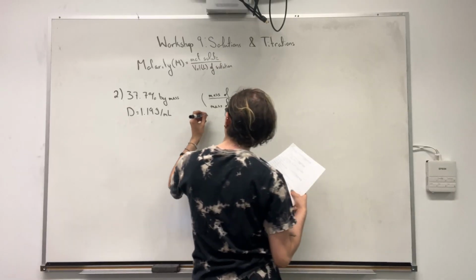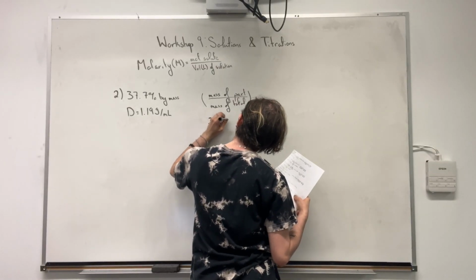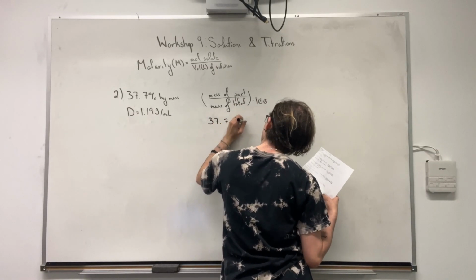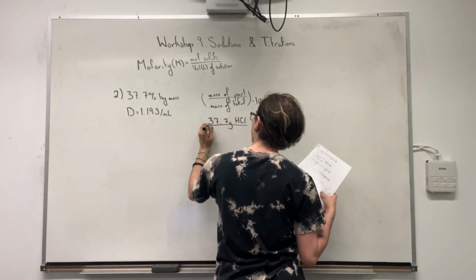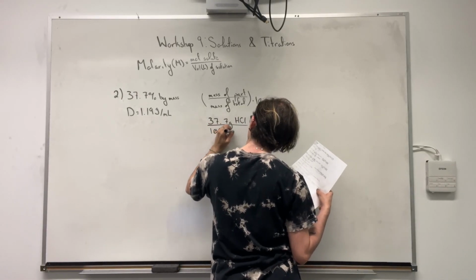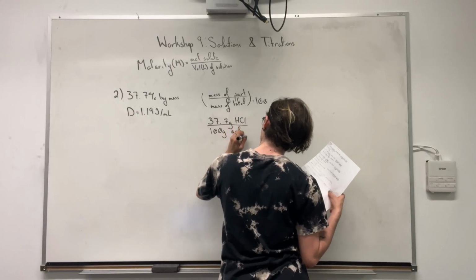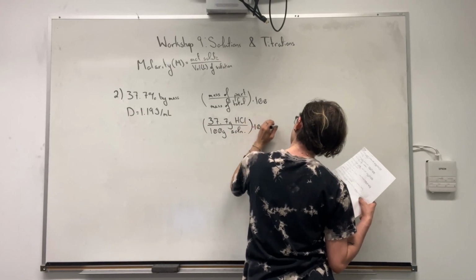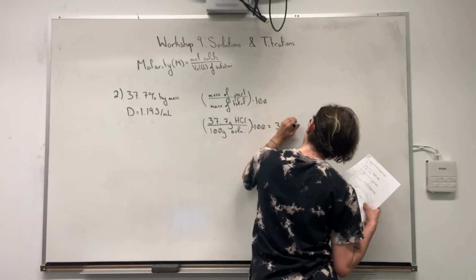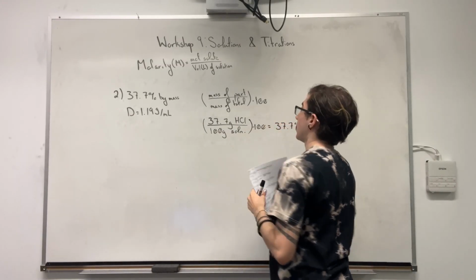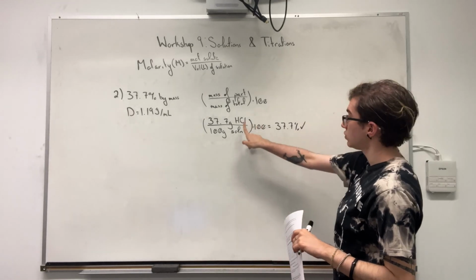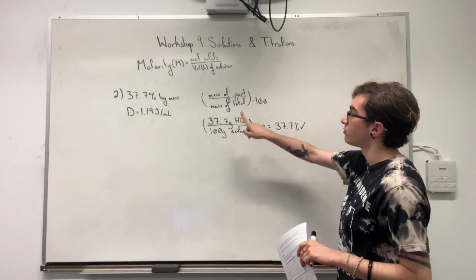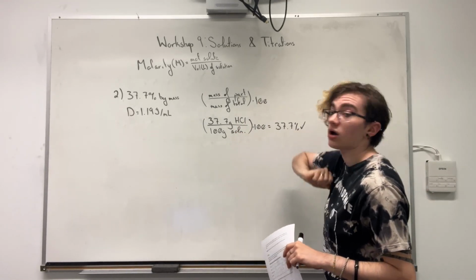If we say that we have 37.7 grams of hydrochloric acid for every 100 grams of solution, this does equal 37.7%. As long as our percentage holds true, we can use now these mass values to find moles of our solute and volume of our solution.